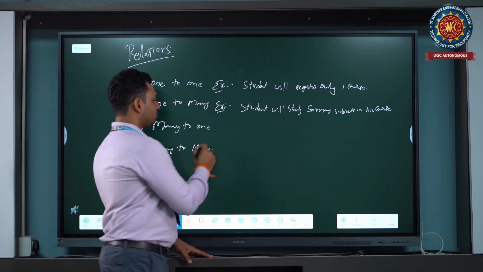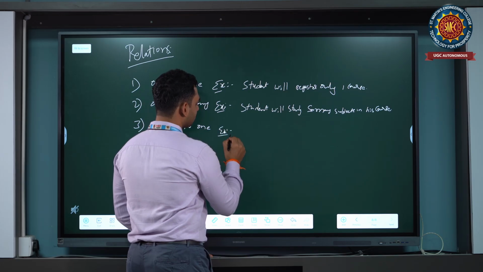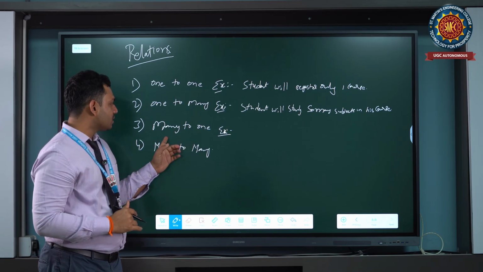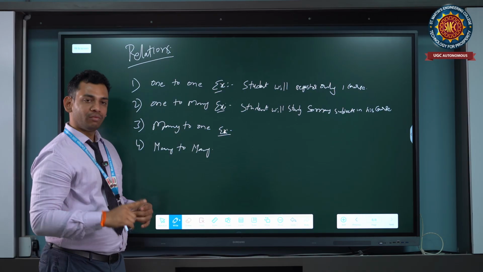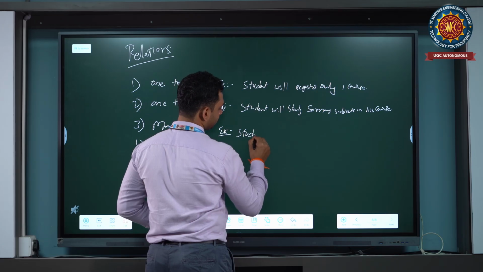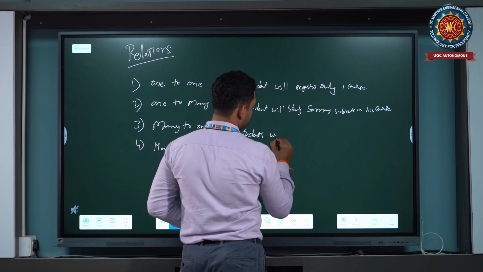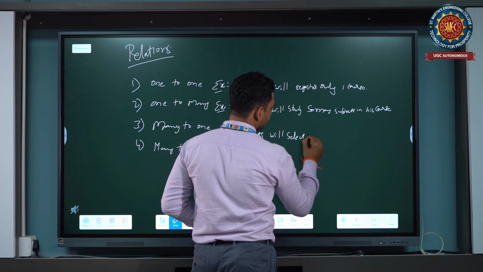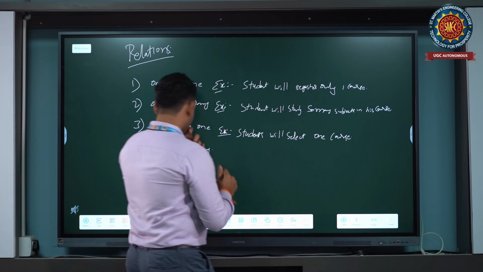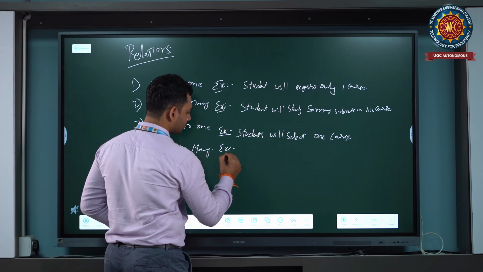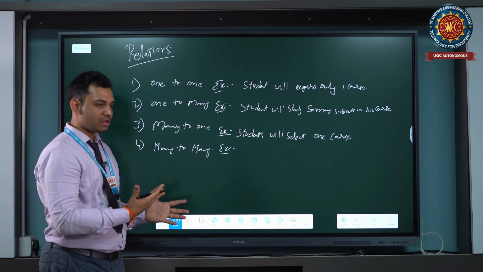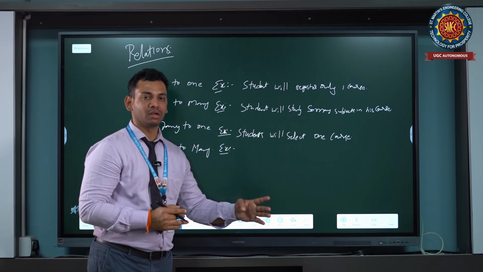Many to one. Example: in many to one, we have the relation where many students opt for one branch. So in one course, students will select one course. And next, many to many. Example: suppose technical events are going on, so many events are going on in that fest.